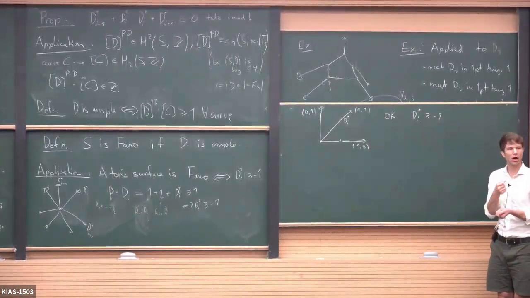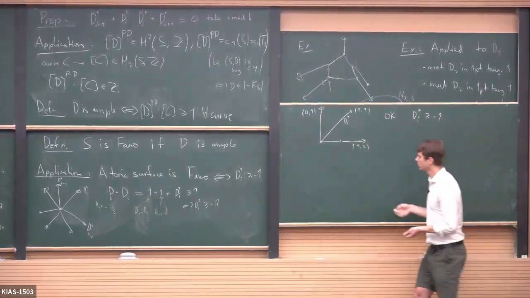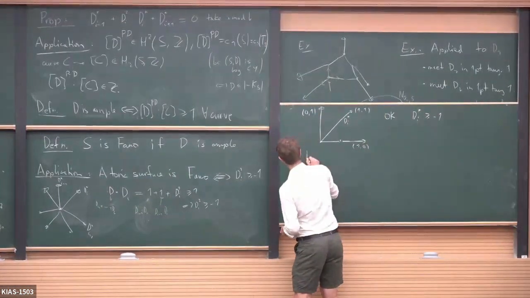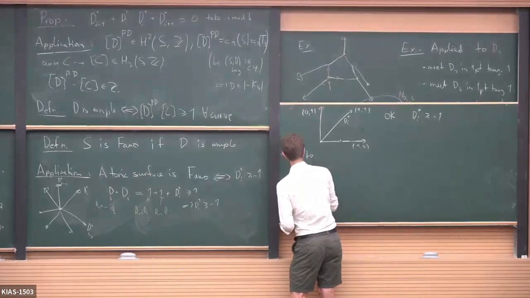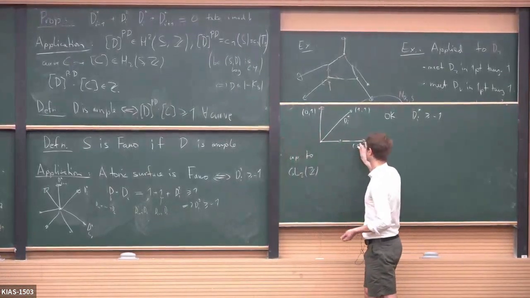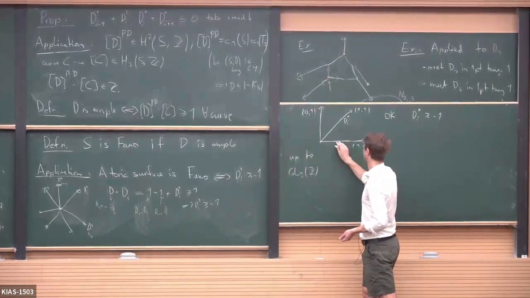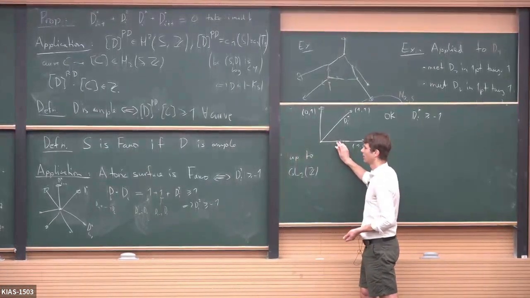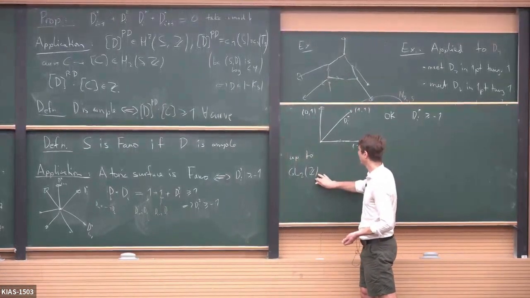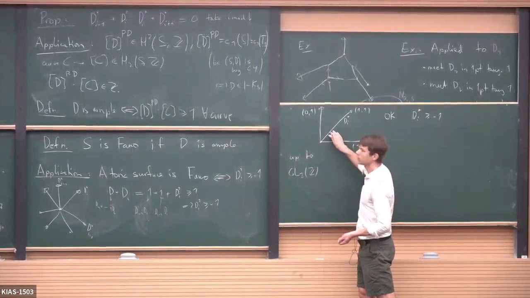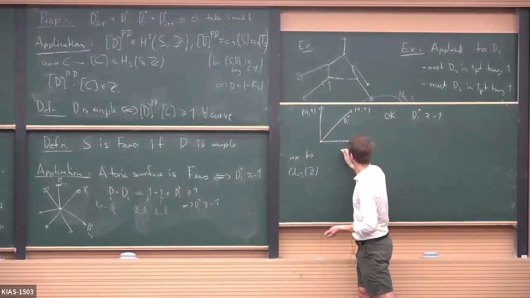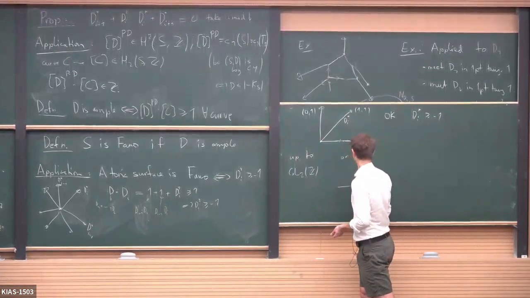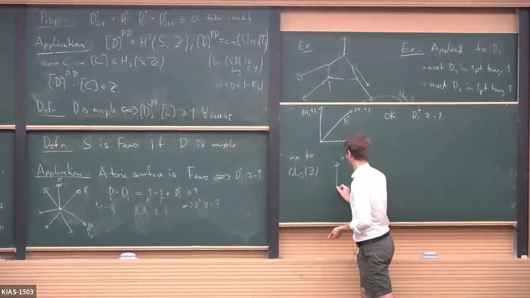And you could always, up to an element of GL_2(Z), your first three rays are going to be of this shape, or this one, or of this shape.